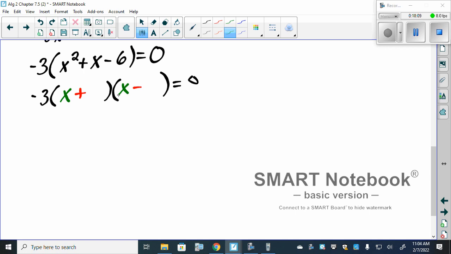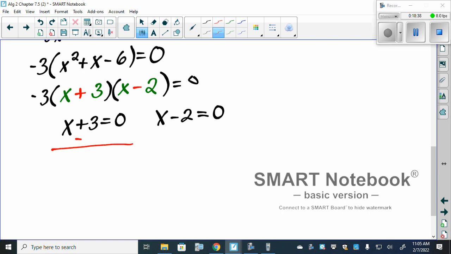And what factors of 6 do we want? 3 and 2, and the 3 would be positive. Now, what this is telling me is that either x plus 3 is equal to 0 or x minus 2 is equal to 0. Because the only way that we can have 2 or more things multiplied together and equal 0 is if one of them is 0.